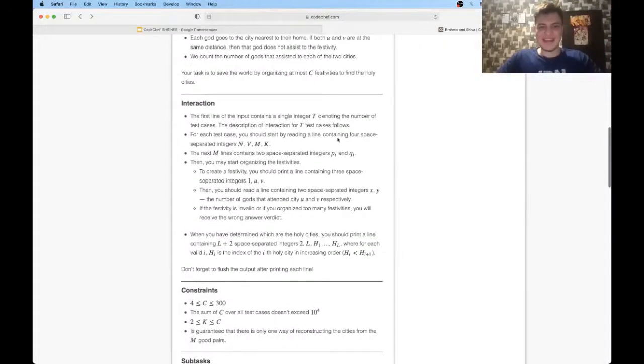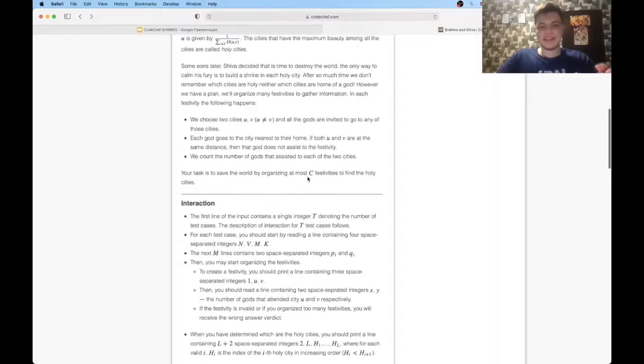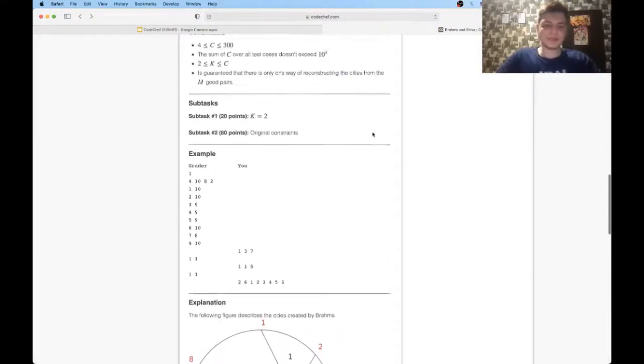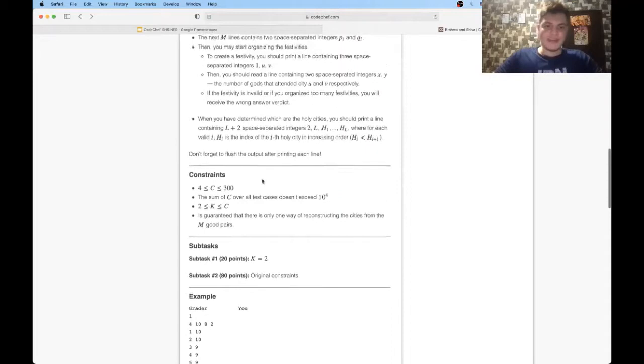We can call this query at most C times, where C is the number of regions. By regions, I mean the faces of this graph. And you can see that the constraints aren't very large, they're up to 300. That's pretty much the problem.